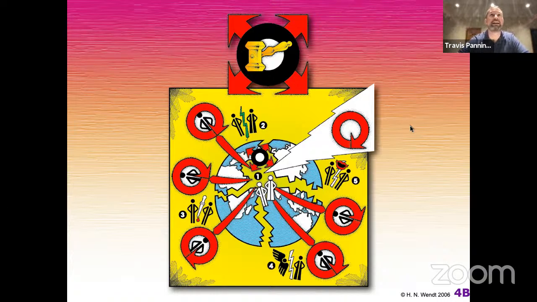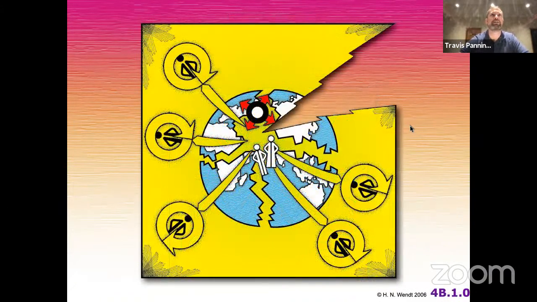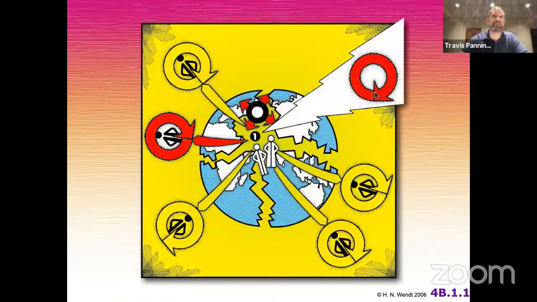We have the entry of sin. And as we take a look at what happened to God's creation, out of right field comes this lightning bolt symbol. And if you recall this symbol, the circle going around with the arrow coming back to itself, this is the symbol for sin.